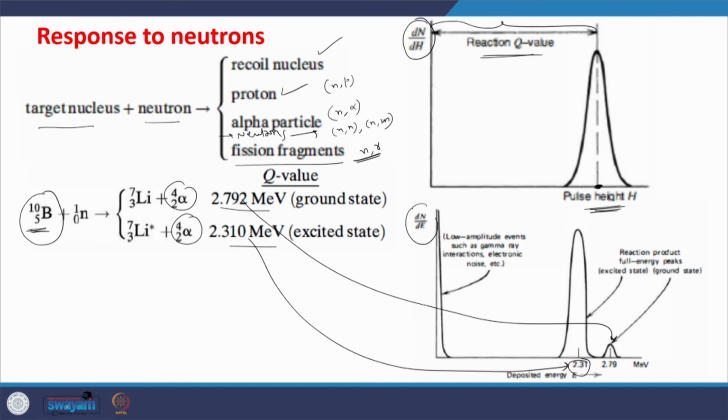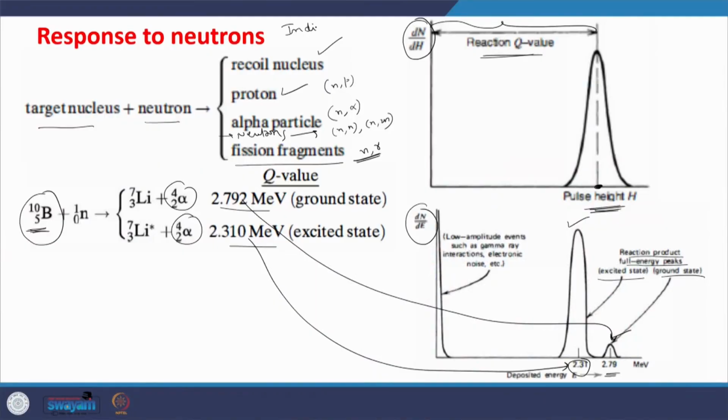So, dN by dE, number of neutrons per unit energy, and reaction product full energy peaks: the excited state of lithium 7 gives rise to 2.31, and if the compound nucleus formed because of neutron plus boron 10 decays to the ground state, it gives rise to this 2.79 alpha particle. So, the detection of the alpha particle is helping us to detect the neutrons. So, it is an indirect measurement.